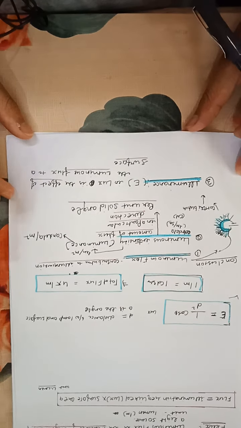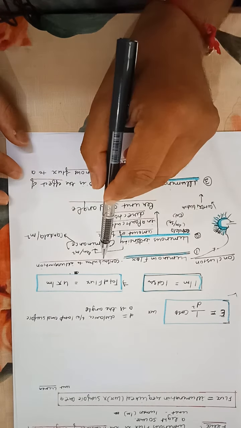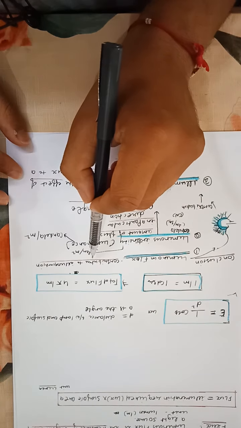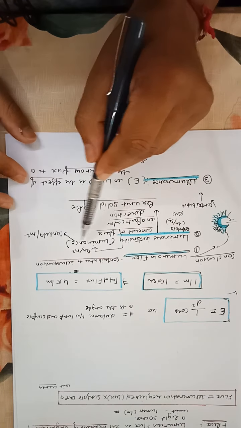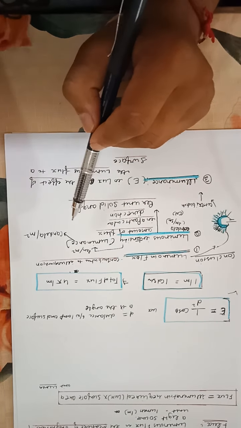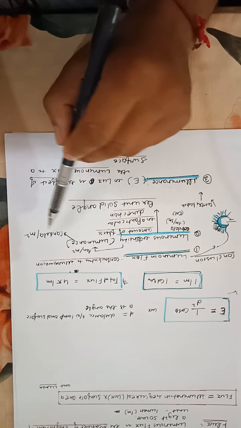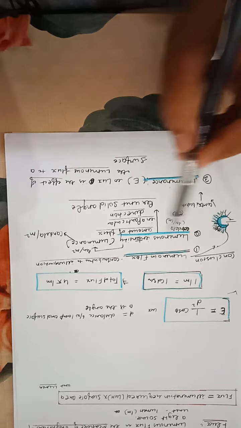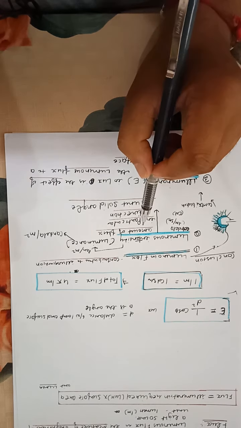Now luminous flux, contribution to illumination. What is luminous intensity? Candela per square meter, sometimes it is said luminance per square meter. Candela is lumen per steradian.